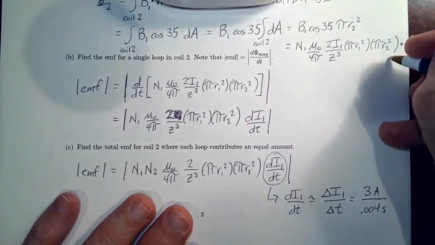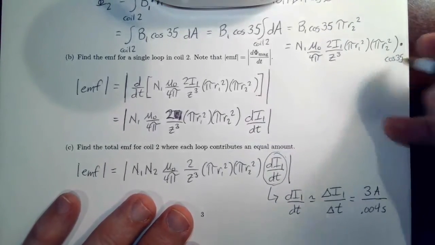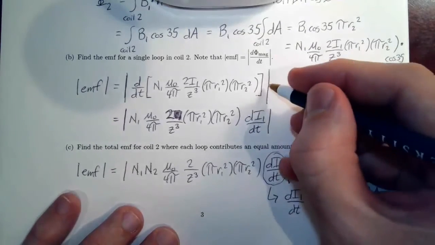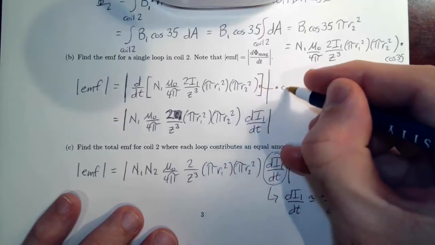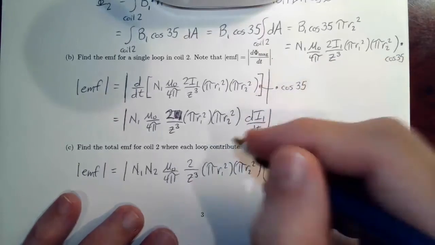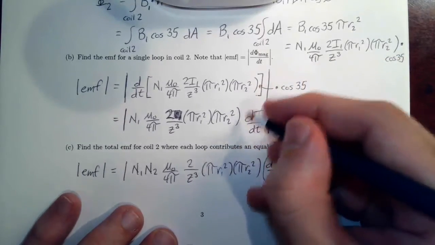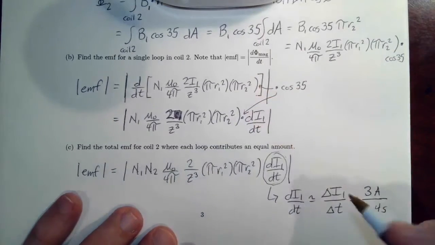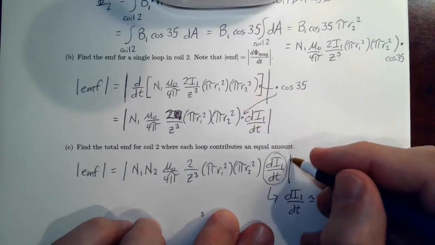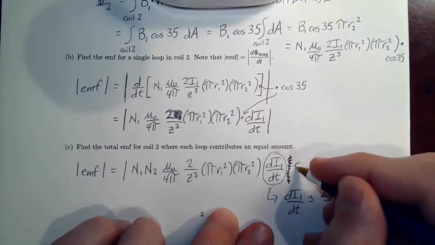So this is going to be times cosine 35, and then I'm going to need times cosine 35 in here, and times cosine 35 right here too. Okay, and so let me get rid of this cosine 35.